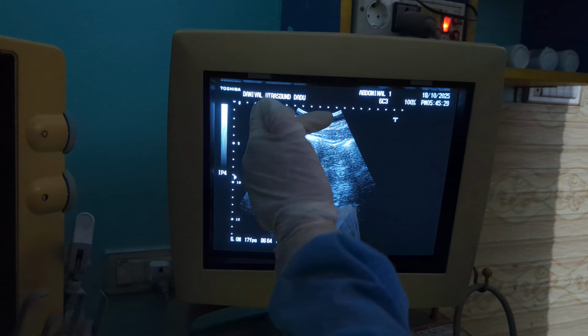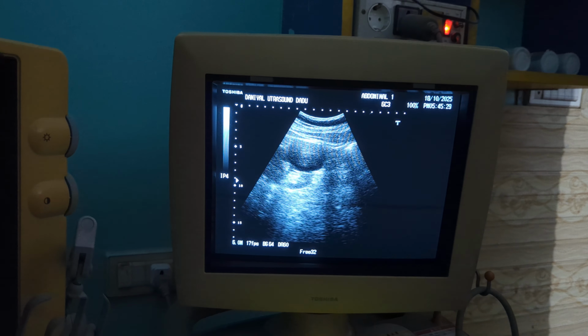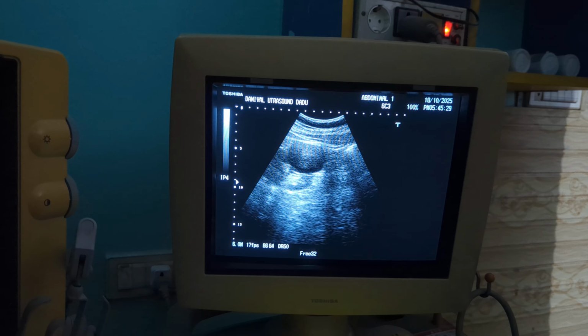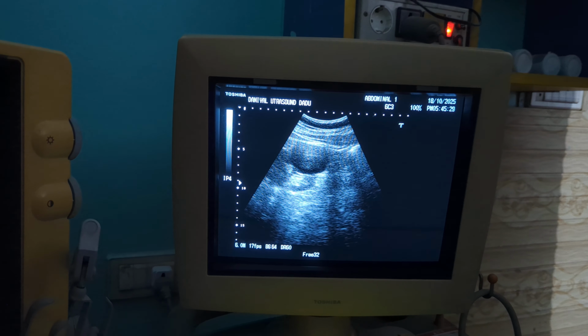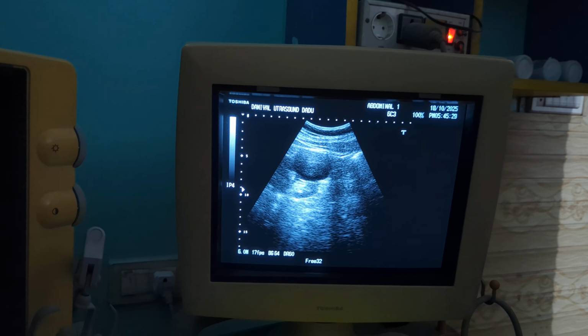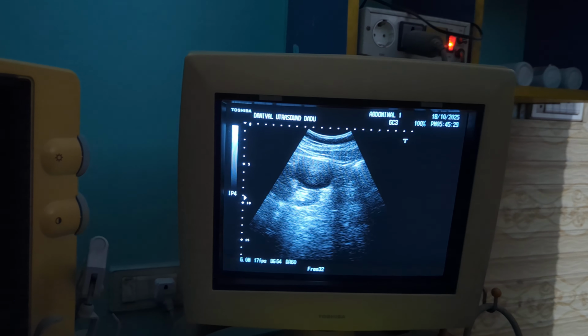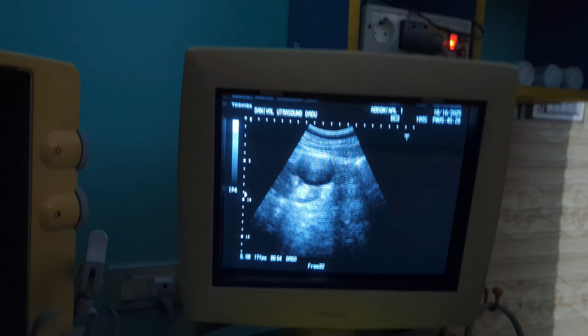So this is called acoustic enhancement. If it was a solid mass, then this enhancement would be obscured or almost nil. So cysts show posterior acoustic enhancement very well.